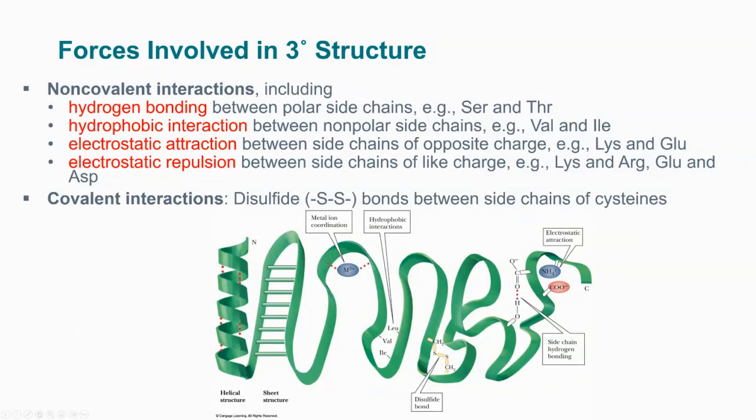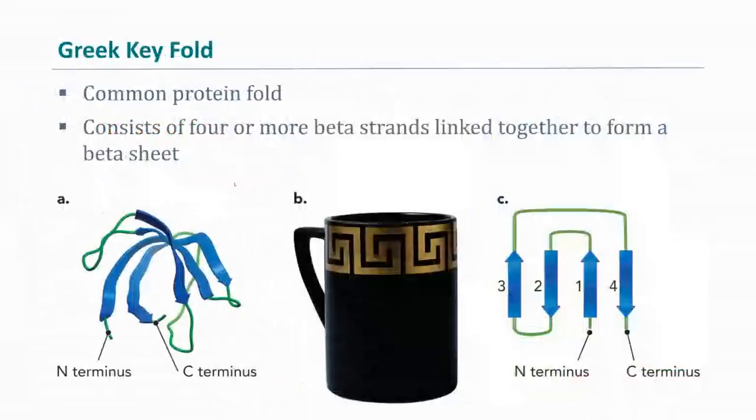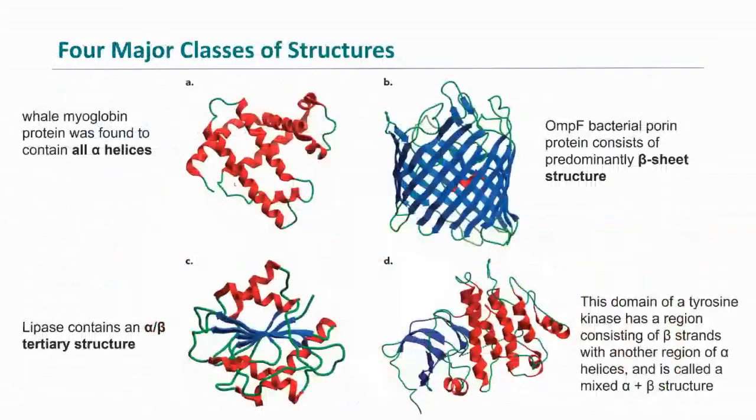And we have hydrophobic interaction between the non-polar hydrophobic amino acids. Electrostatic attraction, which is the ionic bond, between positively charged and negatively charged amino acids. And then you also have disulfide bonds between the cysteines. These are the forces that stabilize the three-dimensional, tertiary structure.